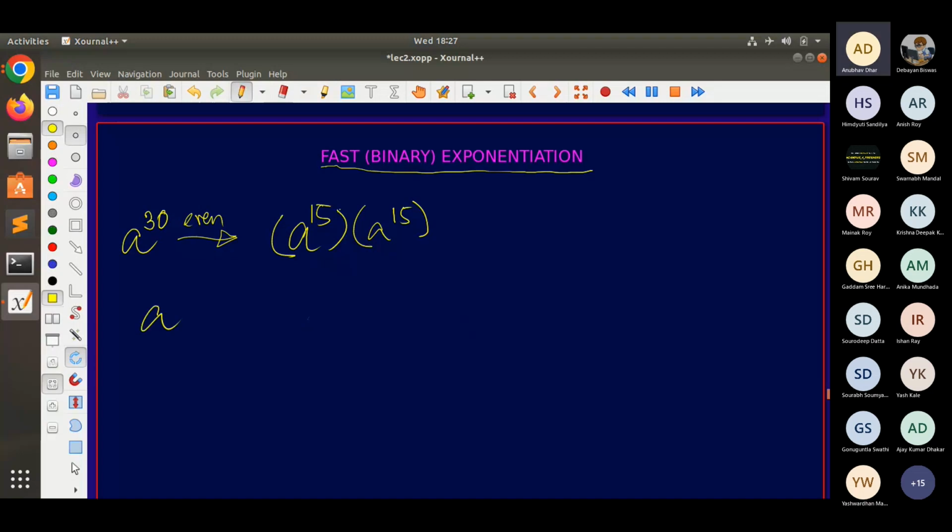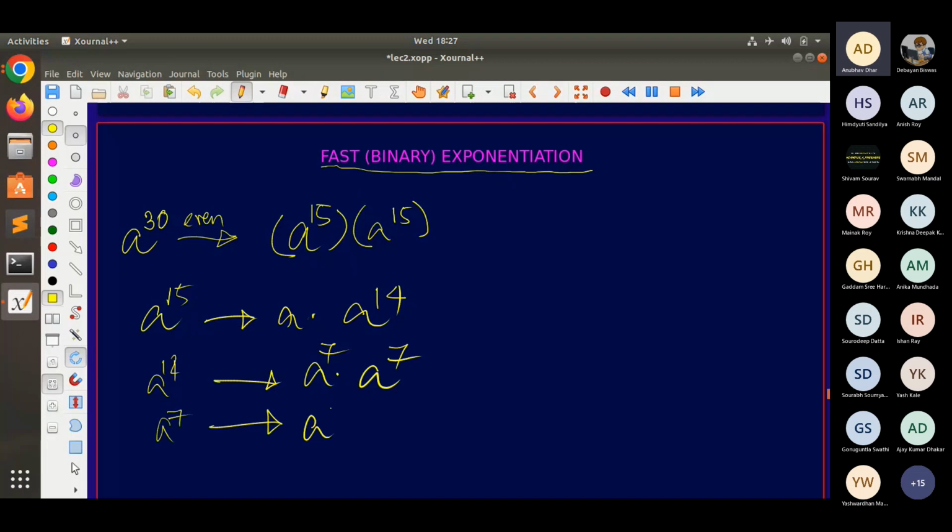So e to the power 15, you can write it as, okay, so let's stick with a into e to the power 14. For e to the power 14, you can write it as e to the 7 into e to the 7. For e to the 7, you can write it as a into e to the 6.